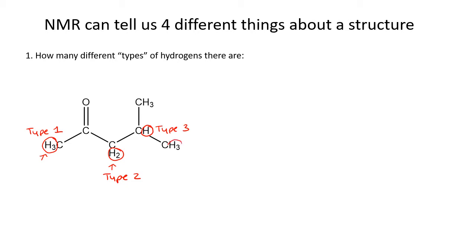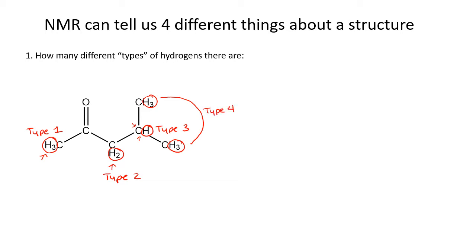Now these 3 are connected to a carbon that's connected to this particular CH. These 3 are also connected to a carbon bound to this particular CH. So both of these 3 sets of hydrogens have the exact same description, which makes them the same type of hydrogen. So we'll go ahead and call these type 4.